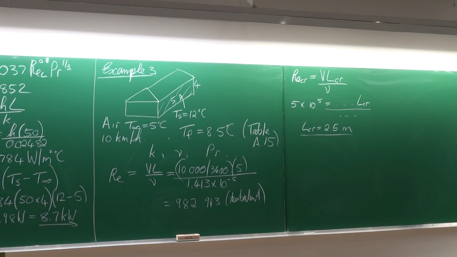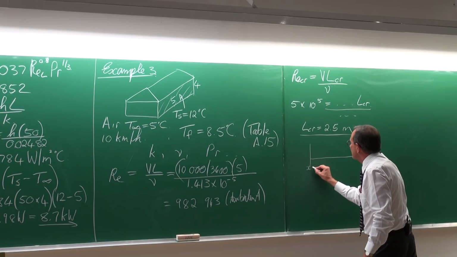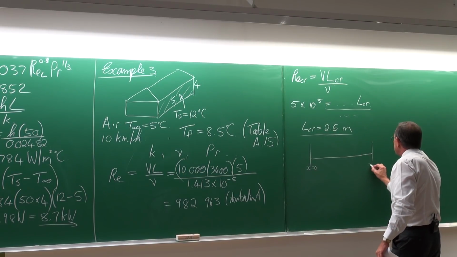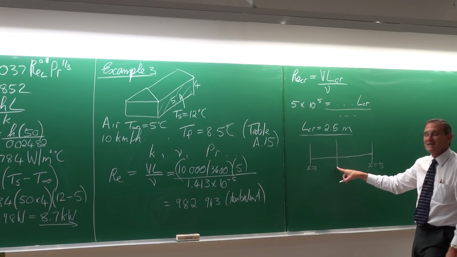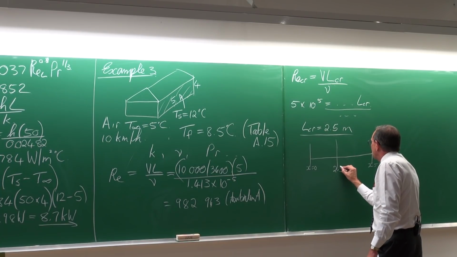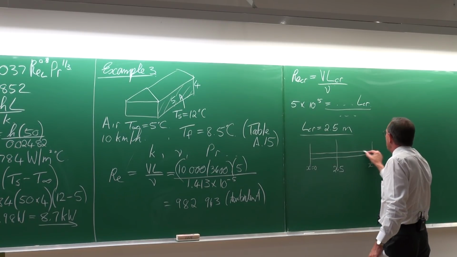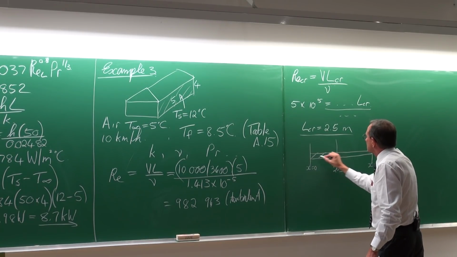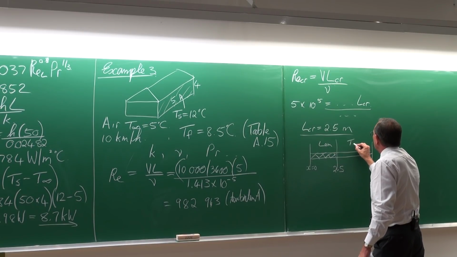Okay, 2.5 meters. So, if we look at the problem in perspective, that is x equals 0, and that is x equals 5, 2.5 meters is approximately here. Okay. So about 50% of the length is going to be laminar. So that flow there is going to be laminar, and that flow is going to be turbulent.